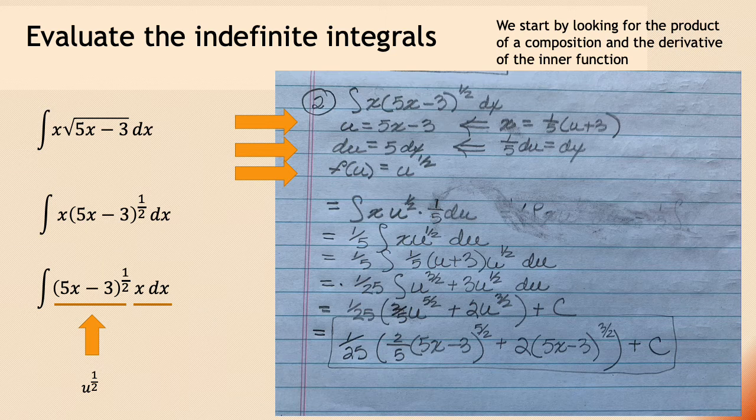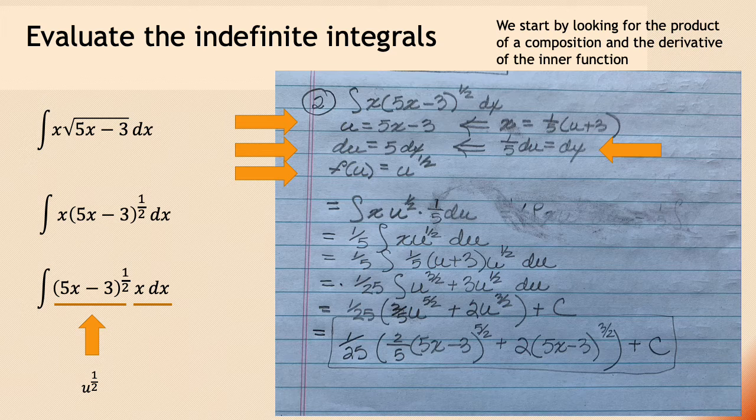We can replace (5x minus 3) to the 1/2 with u to the 1/2. That's great. That's the first part of a substitution. But then we end up with an x dx there. Now let's go back and look here. Since du is equal to 5 dx, but we only have 1 dx, what happens if we just take that little equation, du is equal to 5 dx, divide both sides by 5, we get 1/5 du is equal to dx.